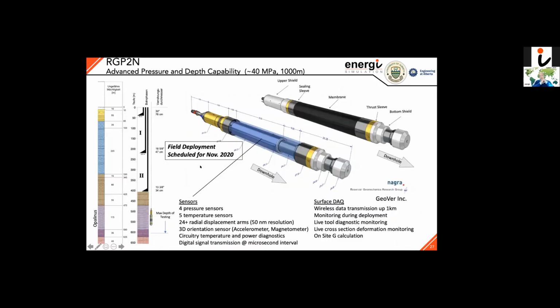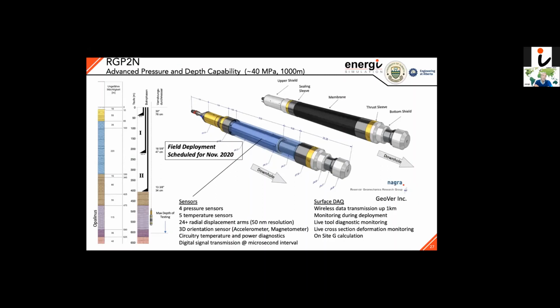The other thing about our update, which is exciting, is that NAGRA has given us a real opportunity to put a lot of these advancements in practice. In very short order, probably a couple of months, we're about to ship a tool where we've advanced this to 40 MPa, able to run at 1,000 meters. On board are multiple pressure sensors and temperature.